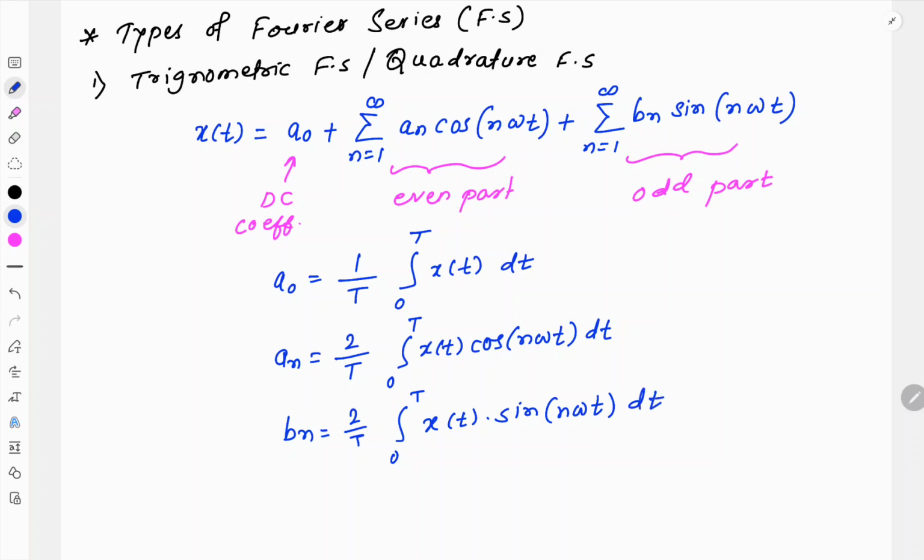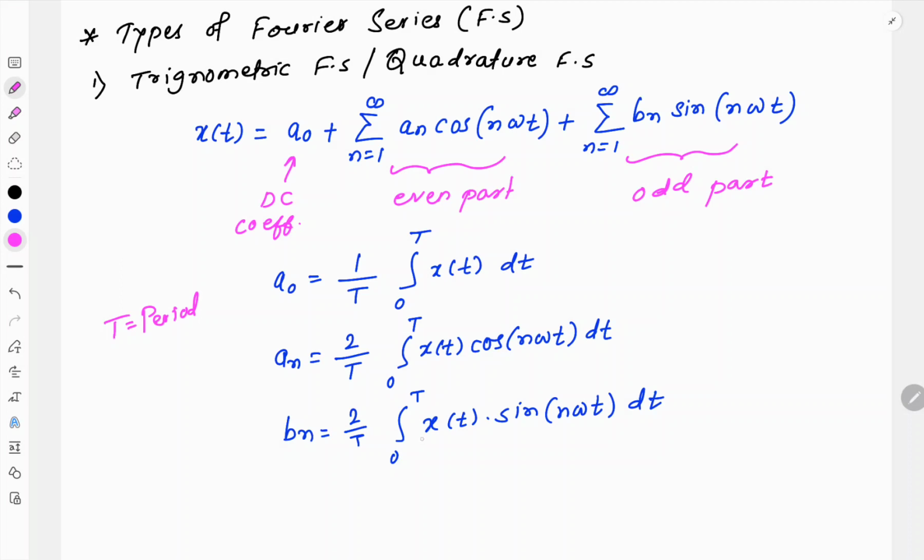So in this way we need to first find the DC coefficient a0 using this formula, then an, and then bn using these formulas. Remember here, this T is called the period of the signal, and this integration for a0, an and bn is over a single period.